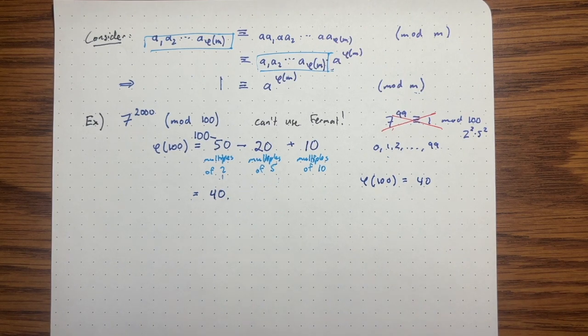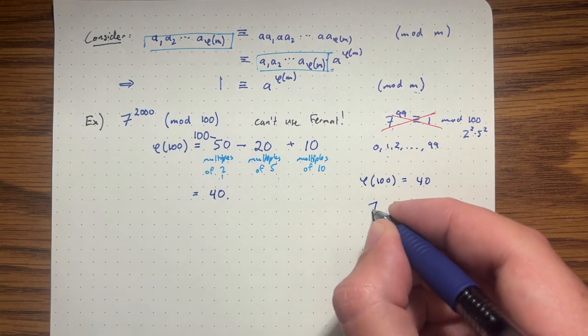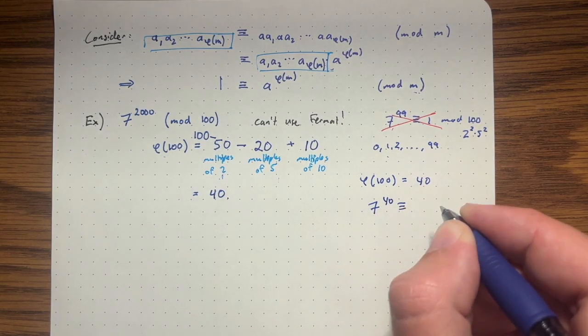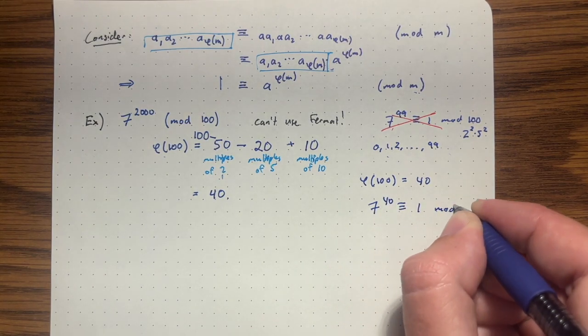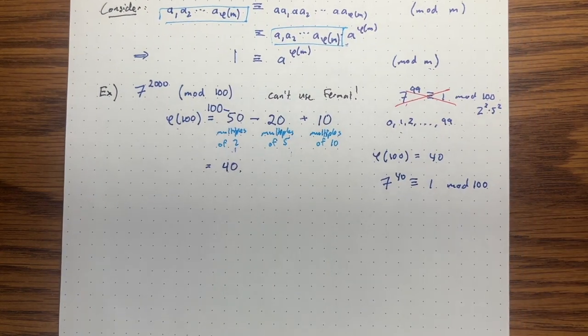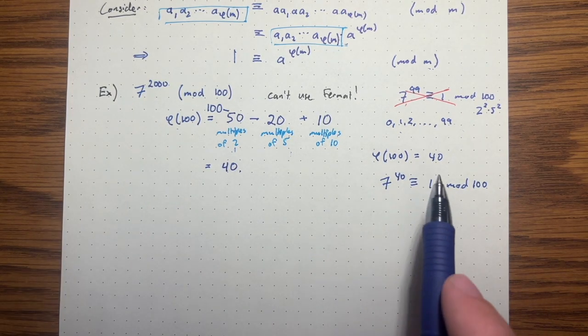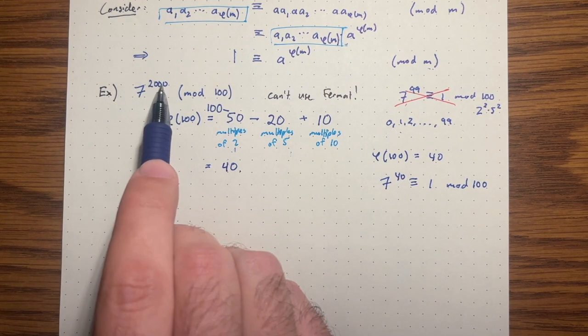How do we use that? Well, we use what Euler's theorem tells us. Euler's theorem tells us 7 to the 40 is congruent to 1 mod 100. We want to do 7 to the 2000. So we have to figure out how many 40s go into 2000 and what our remainder is going to be.